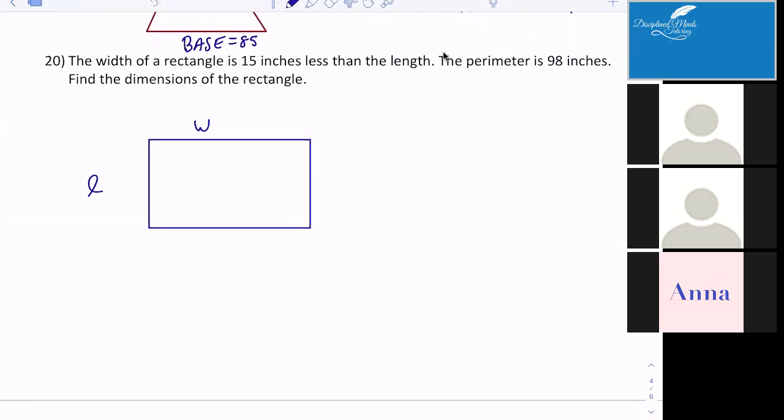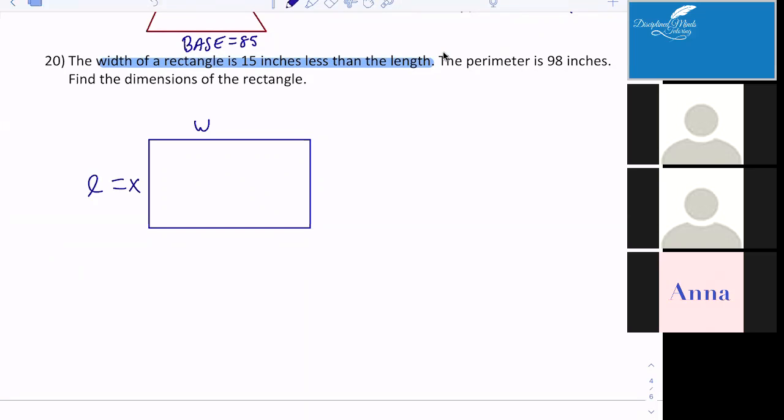It says that the width is 15 inches less than the length. So what is the length? Do we know what the length is? X. We don't know what the length is, so everybody write X for the length.